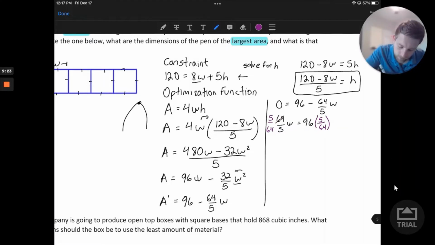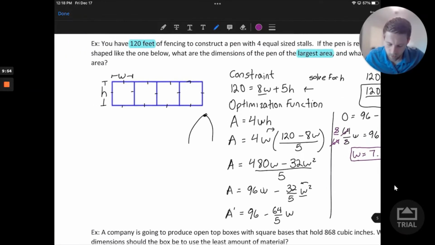If we reduce this down, we could put this in our calculator. I think it will come out as a fairly even value. You should end up getting w as 7.5, or you could also represent that as 15 divided by 2. Both of those values would be equivalent to the width here. So we could just use 7.5 here.